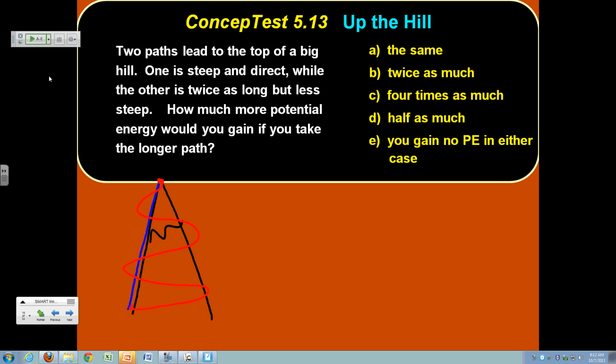Which path would you gain the greater change in potential energy? For which path would you have the greater change in potential energy? The same. I just didn't get it in.